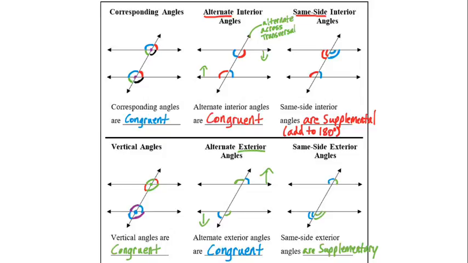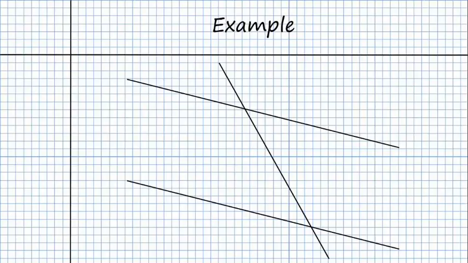All right, so the next thing that you need to do is you need to go to the next page and you need to draw this diagram. And what we're going to do is we're going to label this as angle 1, angle 2, angle 3, angle 4, and then angle 5, angle 6, angle 7, and angle 8.